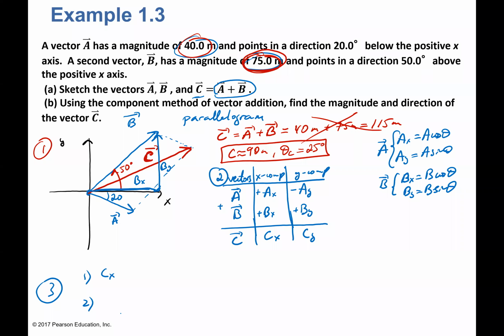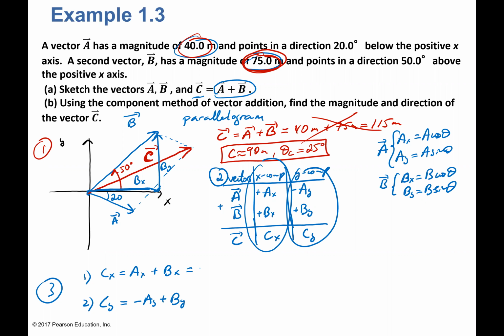The x component of C is nothing but the sum of the x components, and then Cy is again adding whatever we have above, which is negative ay plus by, since the y component is negative for A.